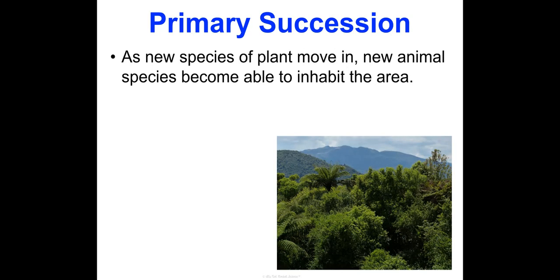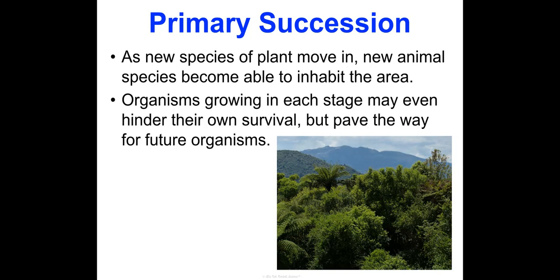As new species of plant move in, now we can get some animals in the area. Birds live in trees, squirrels, things like that, depending on the environment. Organisms growing in each stage may even hinder their own survival but pave the way for future organisms.